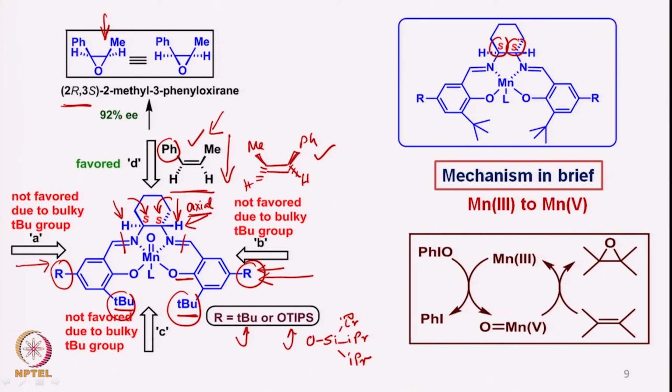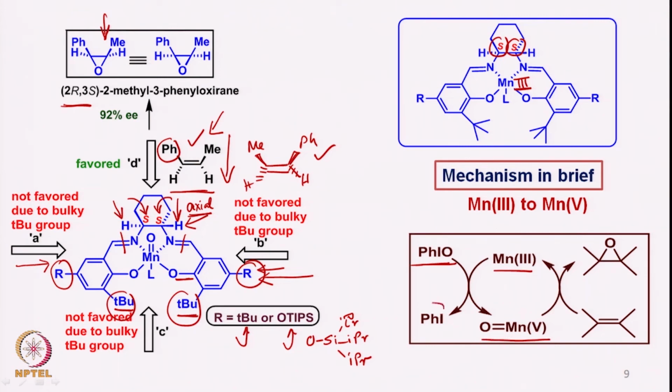Now what exactly is the mechanism? In brief, we start with this manganese 3 complex, which is oxidized during the process, for example using this particular PhIO as an oxidant. So, the manganese 3 gets converted to the corresponding manganese 5 oxo complex.